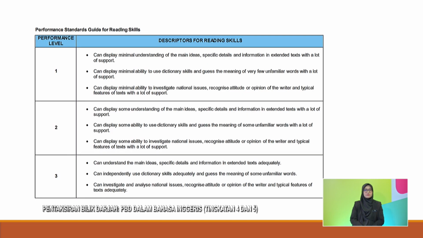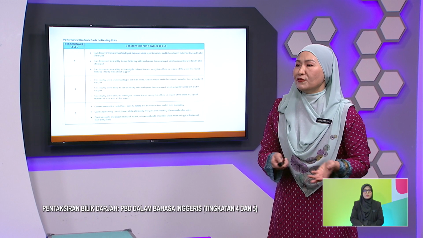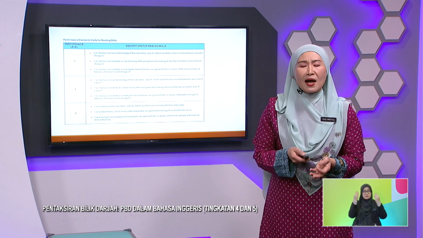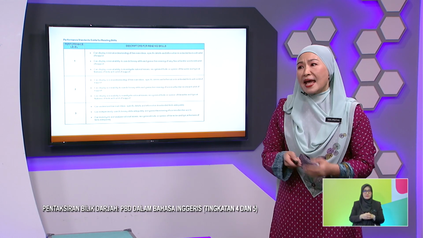Okay? All right. Now, looking at the descriptors for reading skills, if they display minimal understanding of the main ideas, this is from your observation, from you questioning them as you are teaching throughout the lesson delivery. If your pupils keep on asking questions for clarifications, then most probably they are not at TP3.